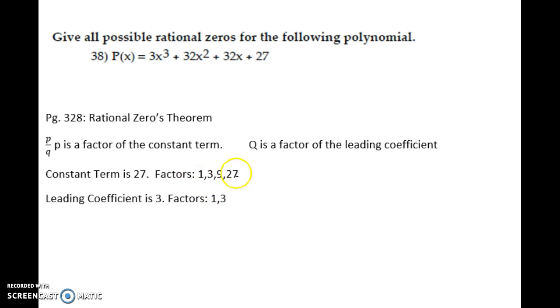And I don't have it listed here, but you should have plus or minus for all your possibilities, because the factors of 27 actually are plus or minus these numbers. You can get 27 by doing 1 times 27, but also by doing negative 1 times negative 27. So make all possible combinations and plus or minus, and that'll be your list of possible rational zeros.